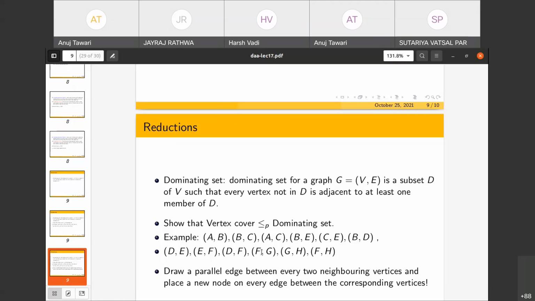Okay, one more question. What is referred to by placing a new node on every edge?